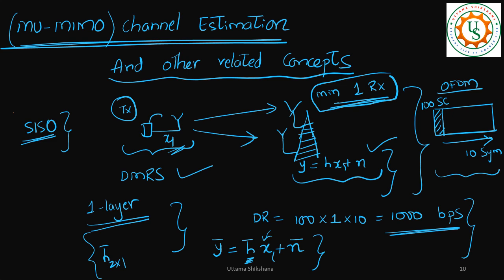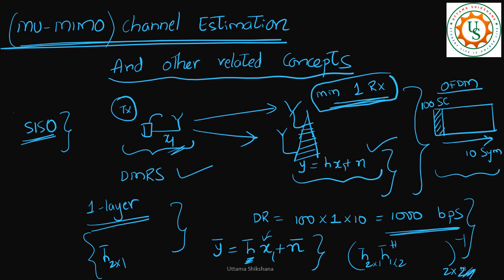But once we get this, how do we do the IRC MMSE? Since this channel H bar is 2 cross 1, we also have H bar Hermitian. This will become 1 cross 2. Basically, your matrix inversion becomes 2 cross 2. So basically, this will give the receive diversity. I hope this one is clear.